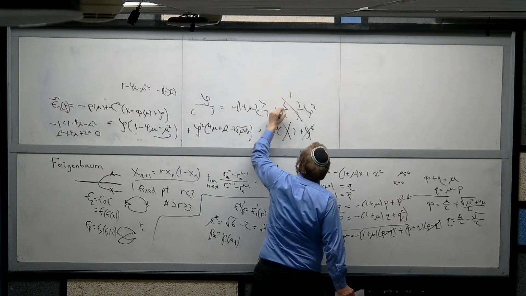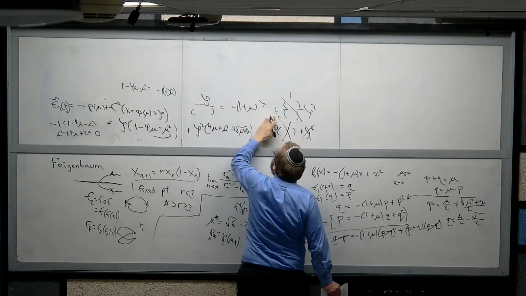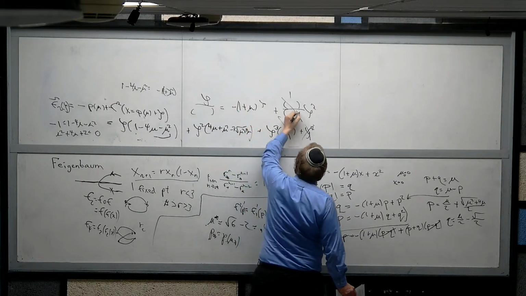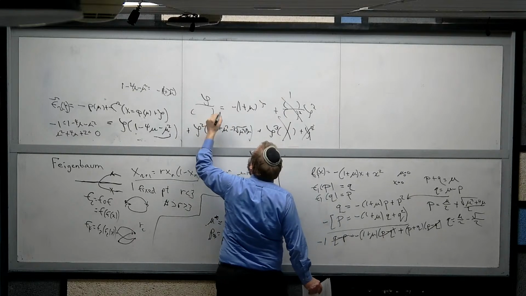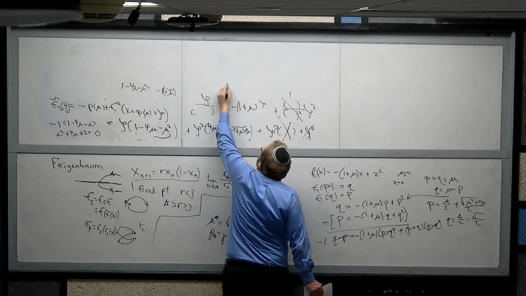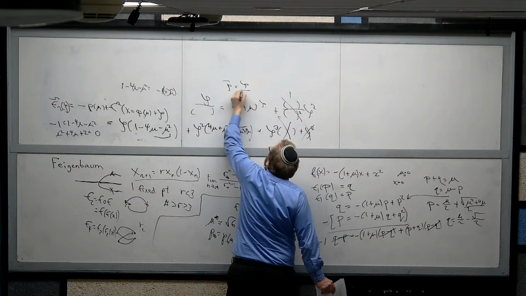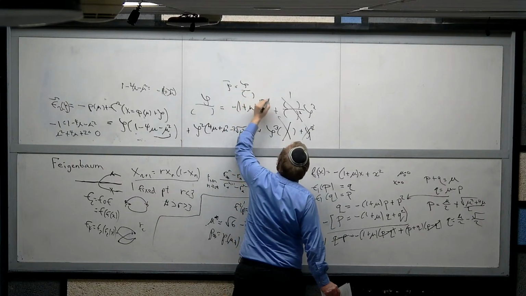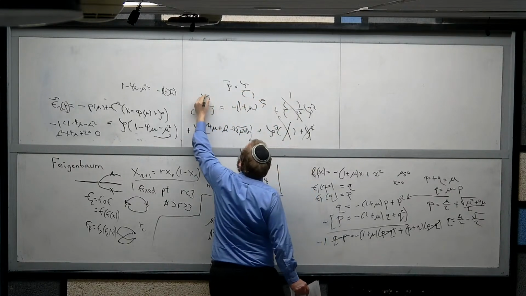And so this is 1. We say that zeta twiddle is zeta divided by this ugly thing. So this is zeta twiddle, this is zeta twiddle, this is zeta twiddle.